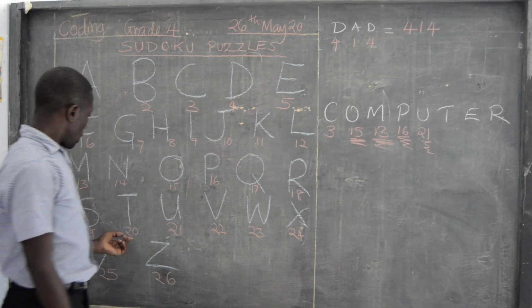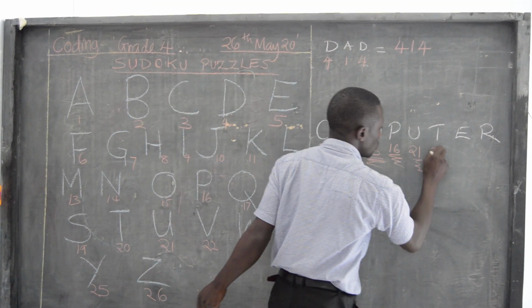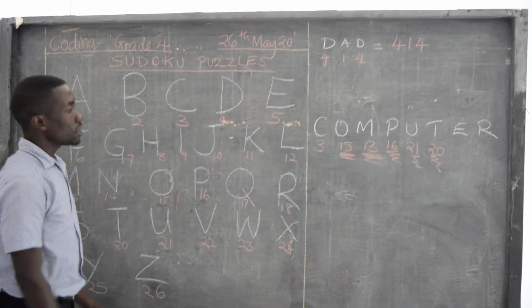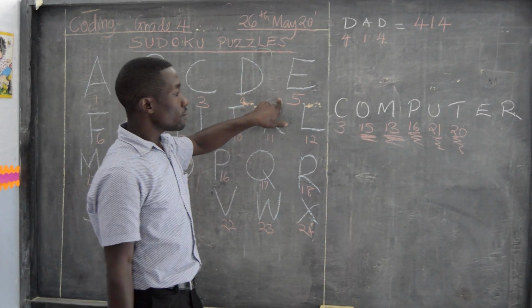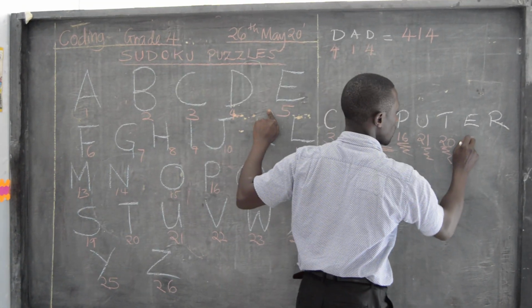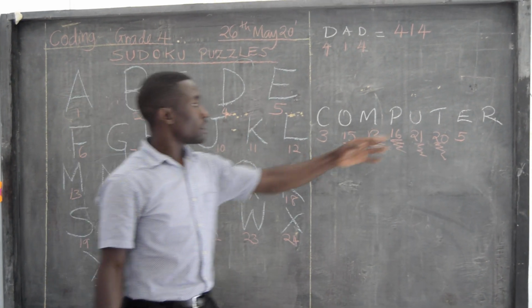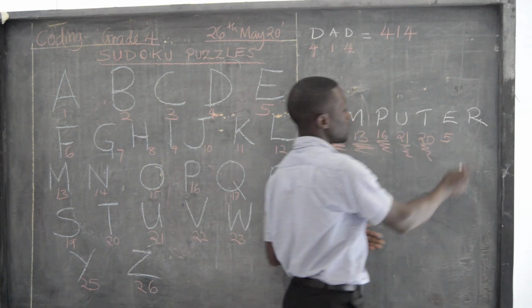Then we have T, 20. T is represented by 20, so I write here 20. I underline it, I color it for me to make the difference. And then we have E. You can see E has the value 5, so I just write 5. I do not underline because it's a single digit. And then lastly we have R, and R has a value of 18.